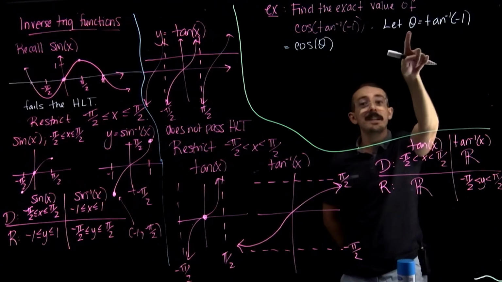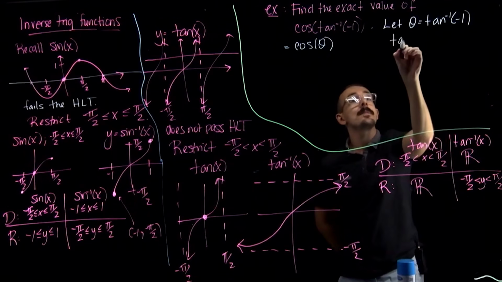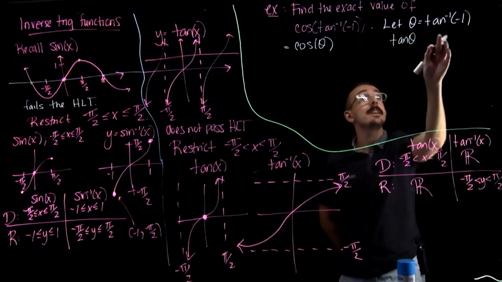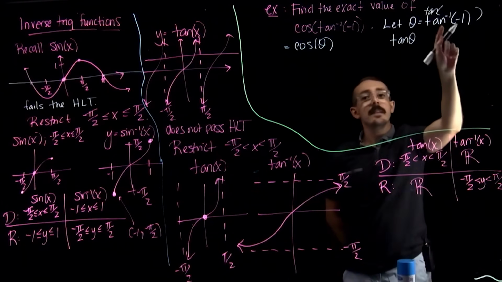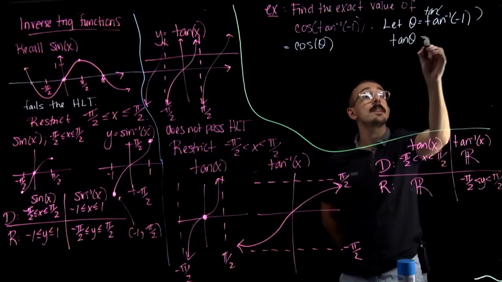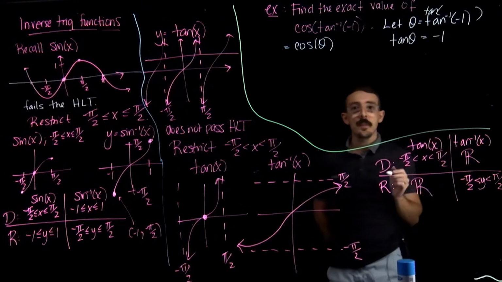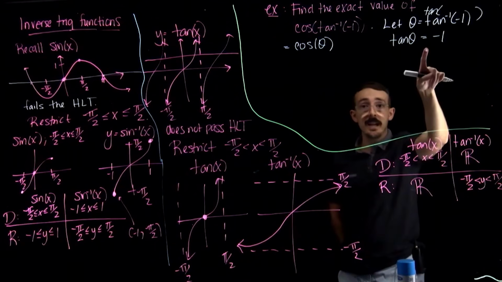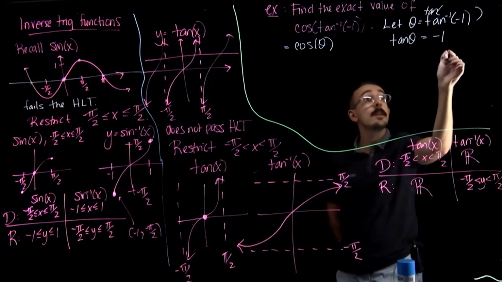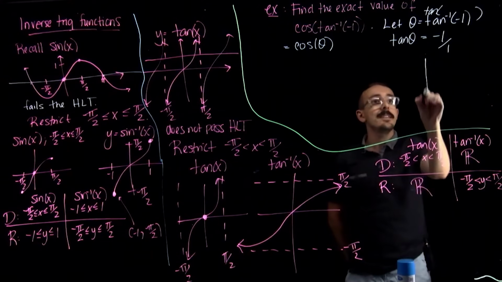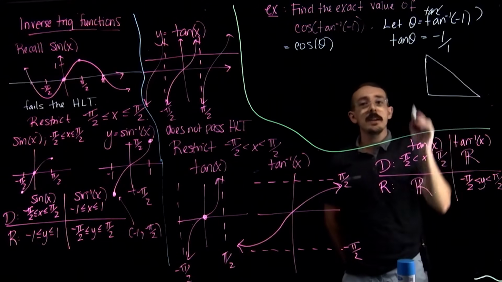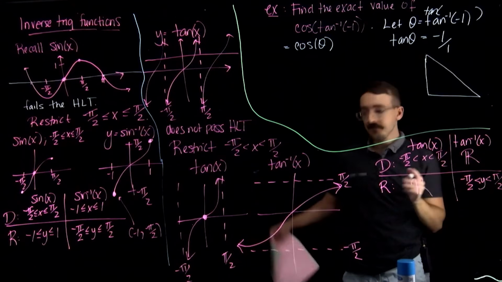So we're going to apply tangent to both sides. So we're going to take tangent of the left side, and if you take tangent of the right side like this, the tangent and the inverse tangent cancel, and you get -1. So from this piece of information, I know tangent of theta is -1, or -1 over 1. That's the same thing. This allows you to draw a right triangle of the situation going on.